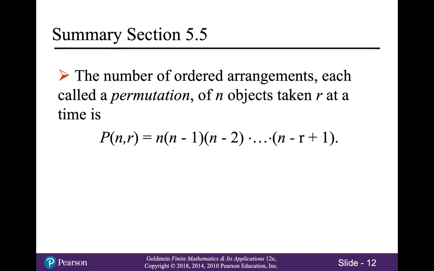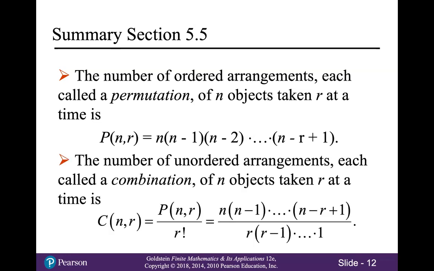Figure you'll do that on the calculator. The number of unordered arrangements, each called a combination of n objects taken r at a time, is C of n, r, which again I will usually read as n choose r. And that's going to do it for section 5.5. We'll see you next time.